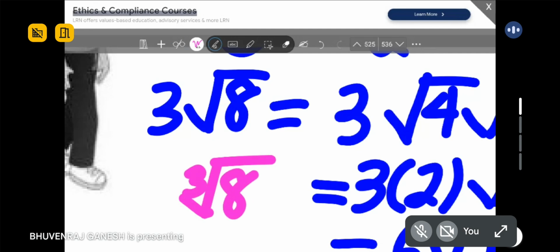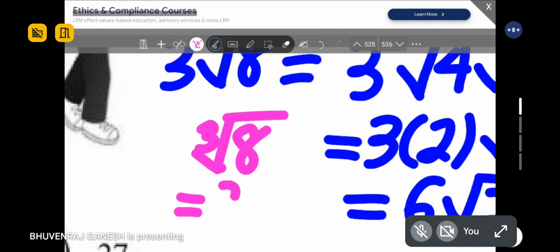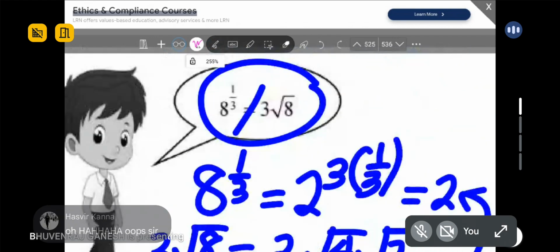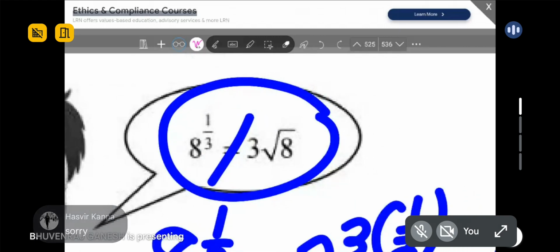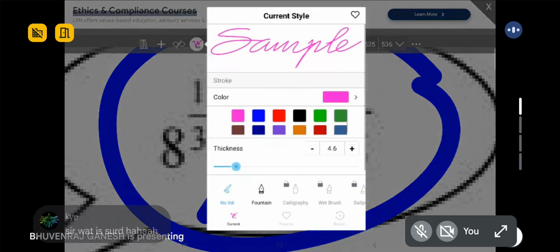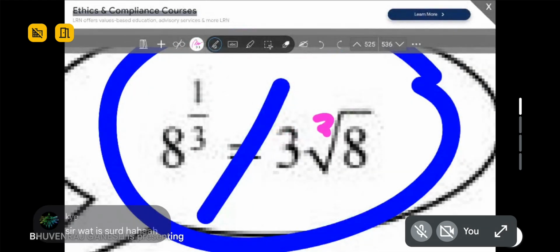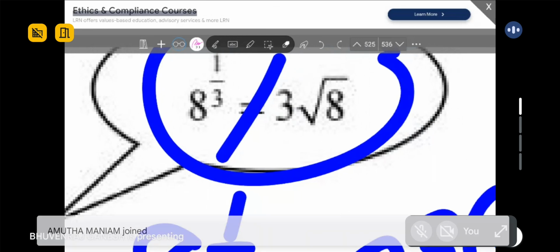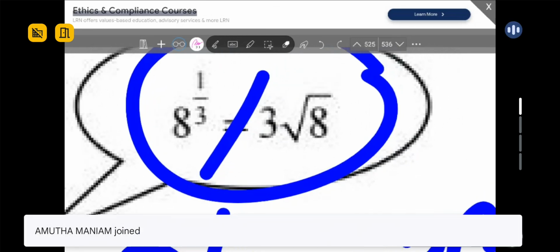The 3 is small there. This one you will get 2. But here the 3 is big. It's a big number 3. It's 3 times sert 8. Can you see the question? If it's small, they will put it small at the side of the square root, something like this, 3 over here. They will put it like this. Then only it is 2. Okay? Be careful, guys. What is sert? Calculator waiting for you.